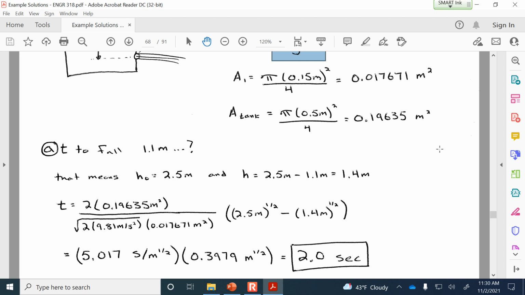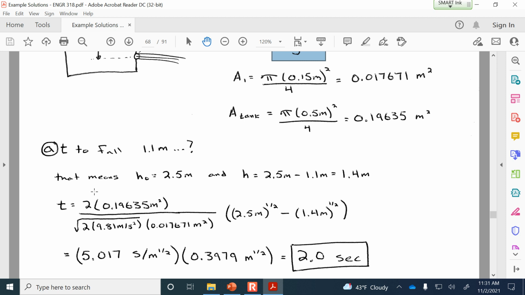I think what we saw in the lab was that the Q actual equals the Q ideal multiplied by C sub D, the discharge coefficient. So the actual flow rate out is going to be less. And so what that would do is lengthen the amount of time it takes to fall a certain distance. And so this is what is predicted for an inviscid fluid that isn't going to experience any energy losses.